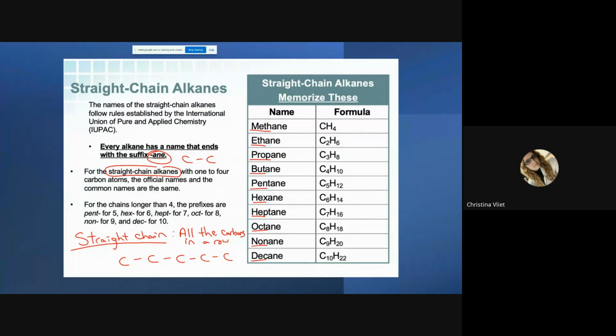Molecules are more complicated than that. They branch out. And so what you're going to learn today is something called branched chain alkanes and how to name for those. So straight chain means all your carbons are in a row.